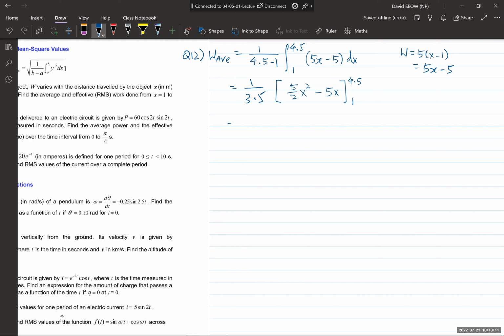So quite a bit of calculations. Quite old school one.